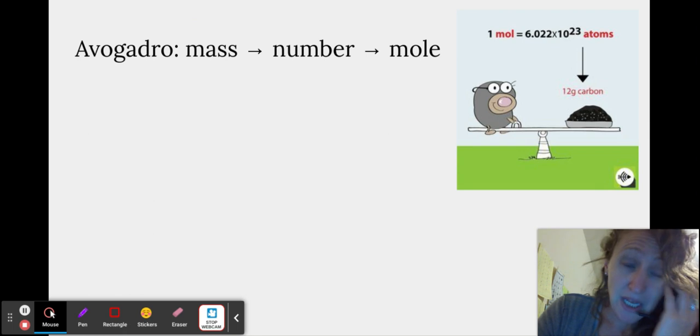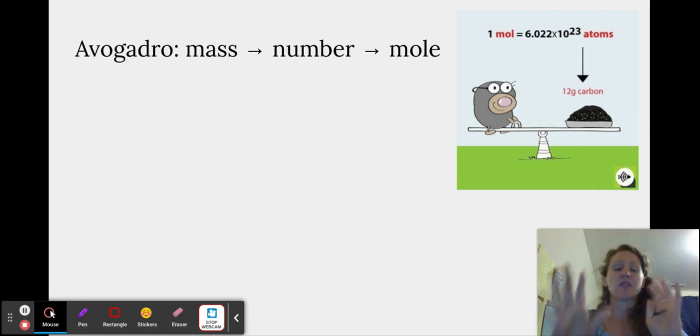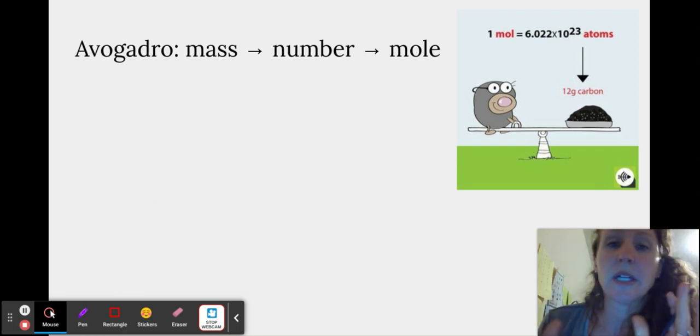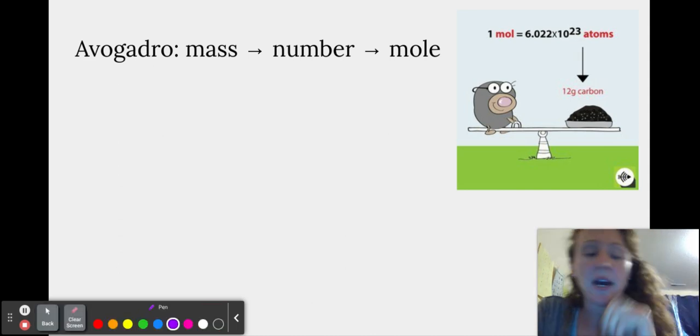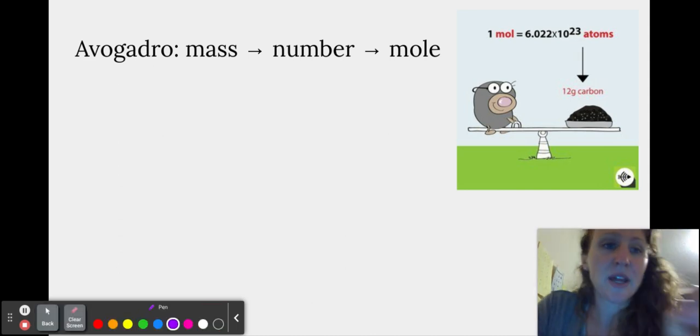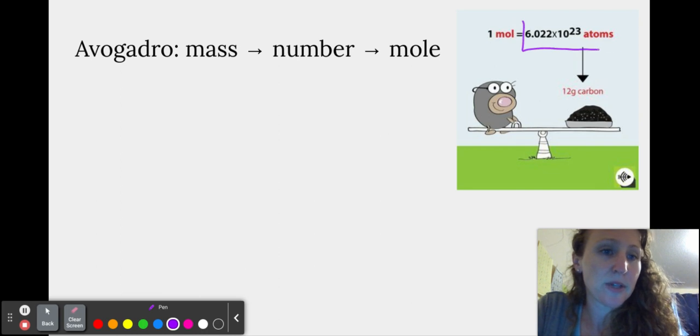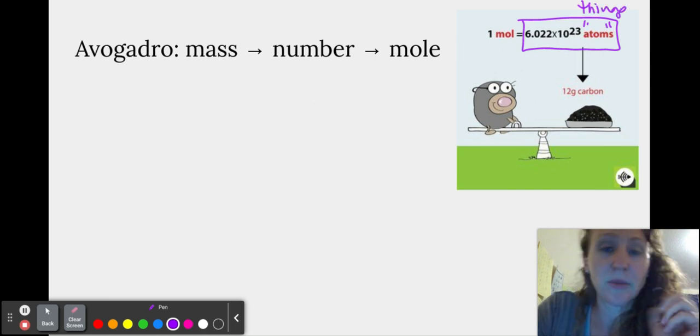Okay, so now let's look at this from kind of a historical perspective, because doing that gives us a little bit of information. So the number that we're talking about here, 6.02 times 10 to the 23rd things, could be atoms. I like the term things better because it helps you remember it could be atoms, could be molecules, compounds, ions, could be a whole bunch of things, right?